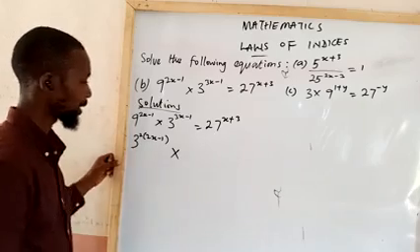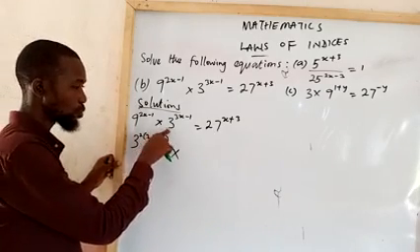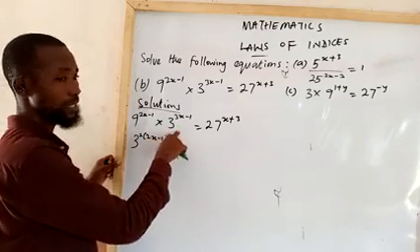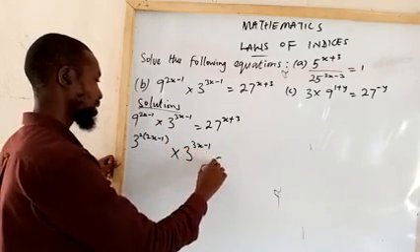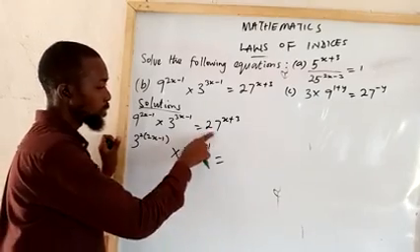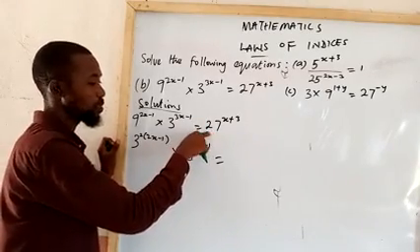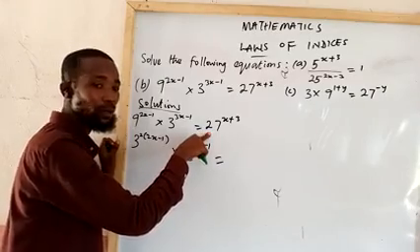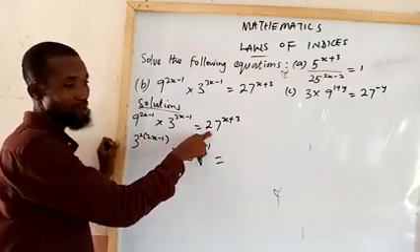Now multiplied by 3 raised to power 3x minus 1. This one is already in the expected base, so no need to worry ourselves, we just copy it the way it is. Is equal to, express 27 in index form having the base of 3, which is 3 raised to power 3, because it's only when 3 repeats itself 3 times that it's going to produce the value of 27.